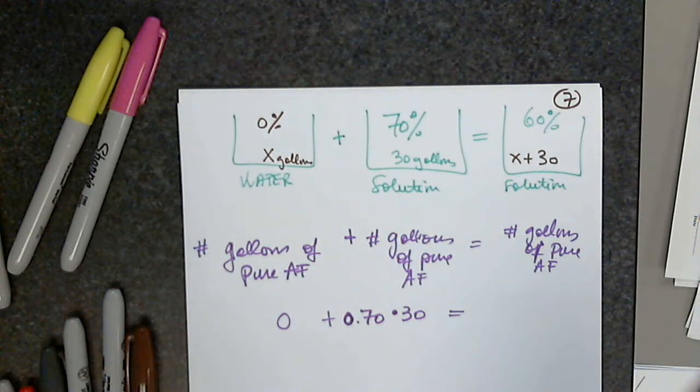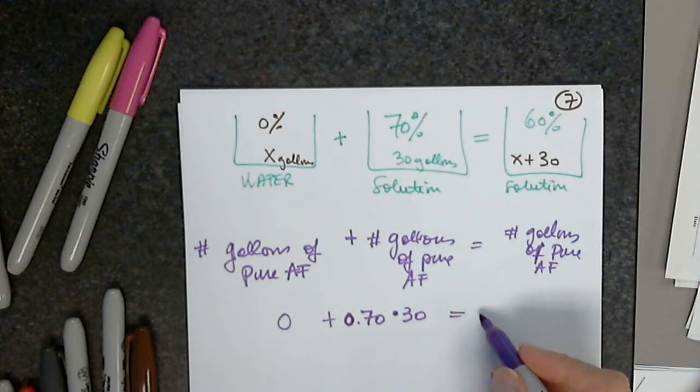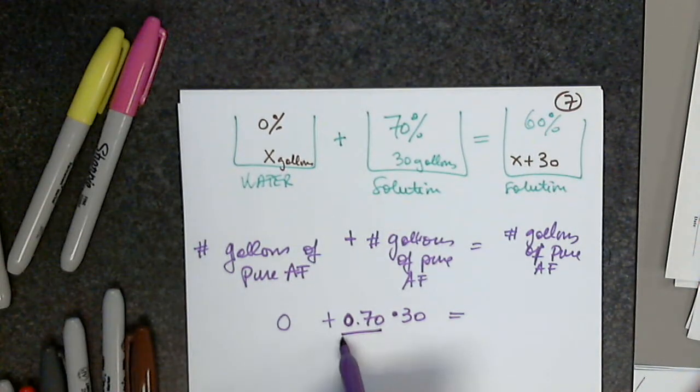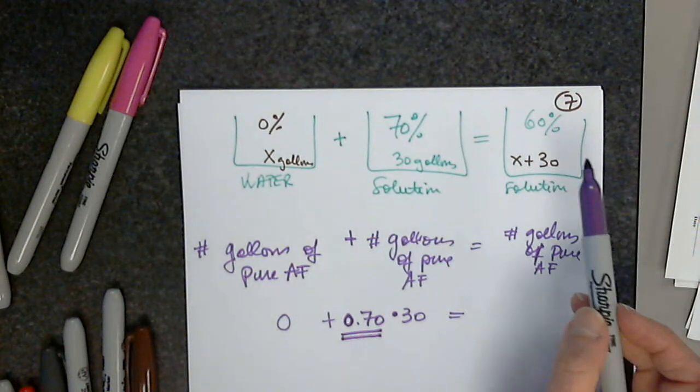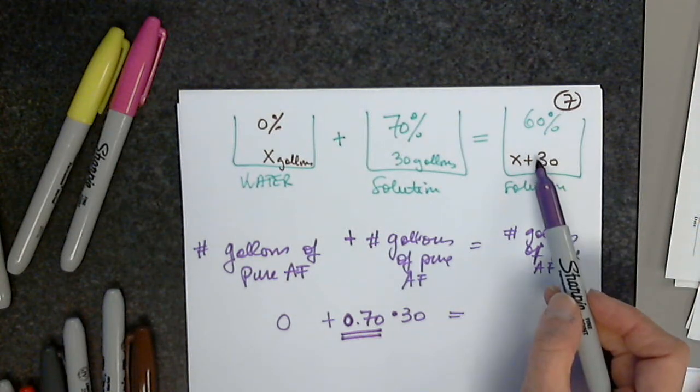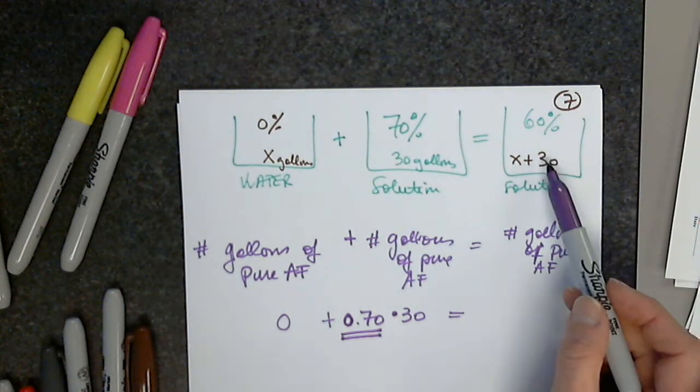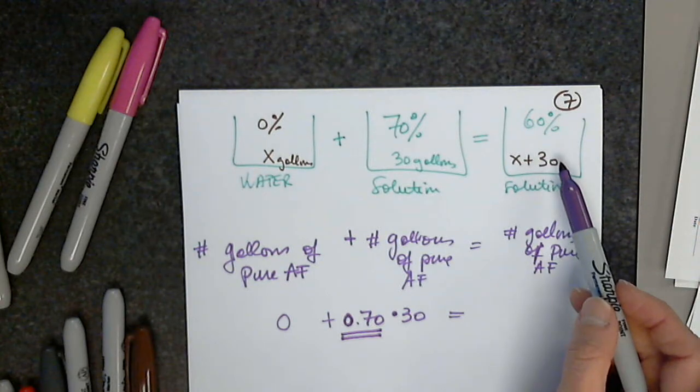60? I can never use 60. I have to put the concentration first. What is the concentration in the third container? 0.60.